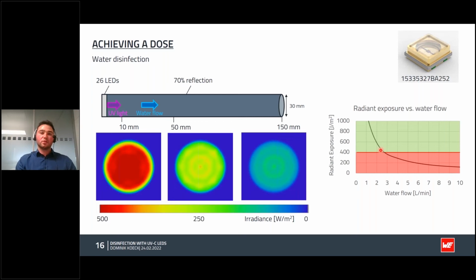You can't use those UVC LEDs for disinfection in a water supply for a whole village, because they are still not powerful enough. So you still use those UVC tubes, which are much more powerful. But in small applications like water dispensers, where you don't have such high water flows, it's quite interesting to use those UVC LEDs already.